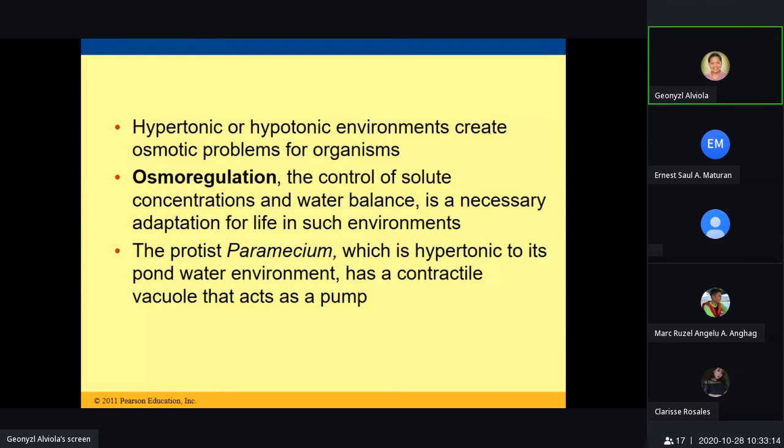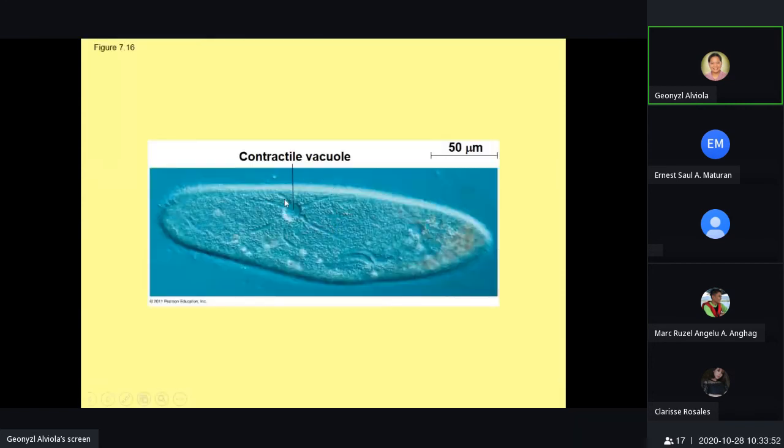Mao na dili sila basta-basta mubuto. Unless kung i-submerge sila sa asido, mamatay na sila. Mamatay po sila pag sobra ka salty. So, murag dili sila suited in that kind of environment. Hindi mag-work. So, this is a paramecium. One of the known protozoans.